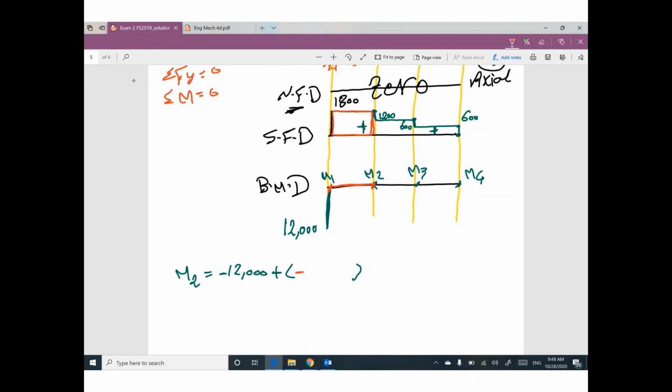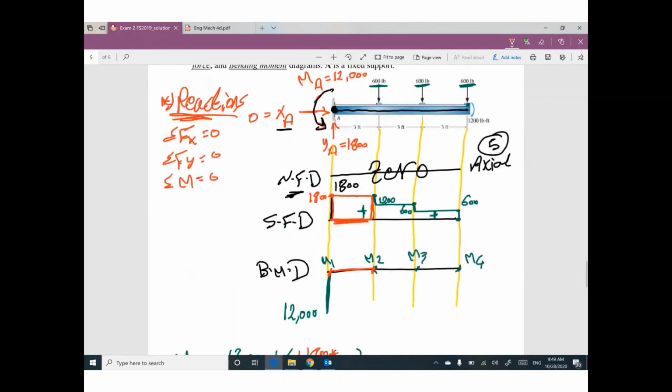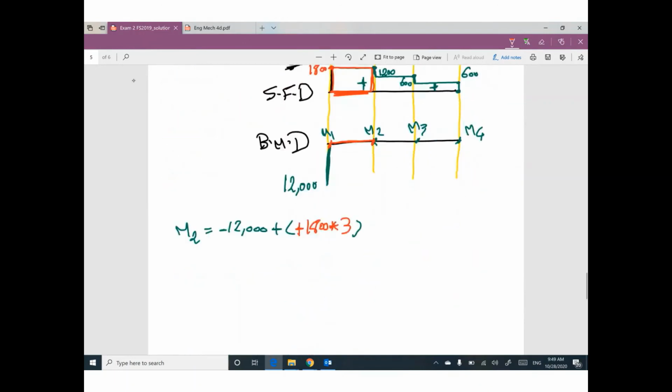What is the area? The value here, 1,800, times this distance, 3 feet. So I can figure out the value: negative 6,600.